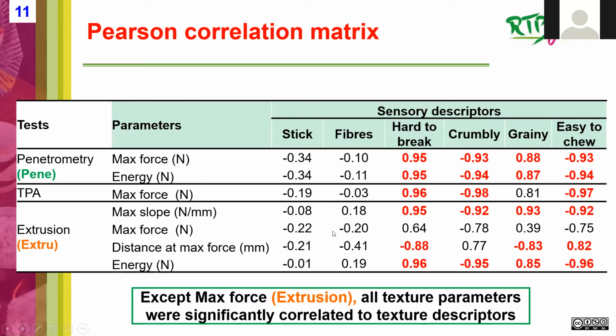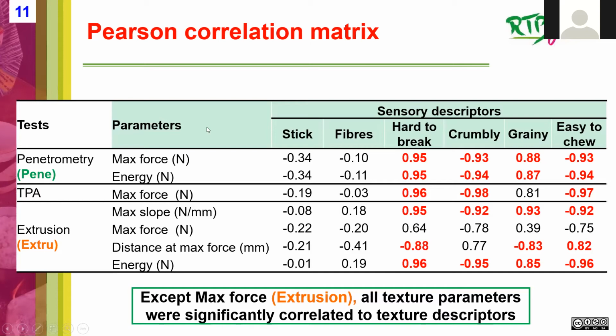The max force here, as determined by extrusion, is not significantly correlated to any of the sensory descriptors. So except for the max force by extrusion, all texture parameters were significantly correlated to hard to break, crumbly, grainy, and easy to chew descriptors.